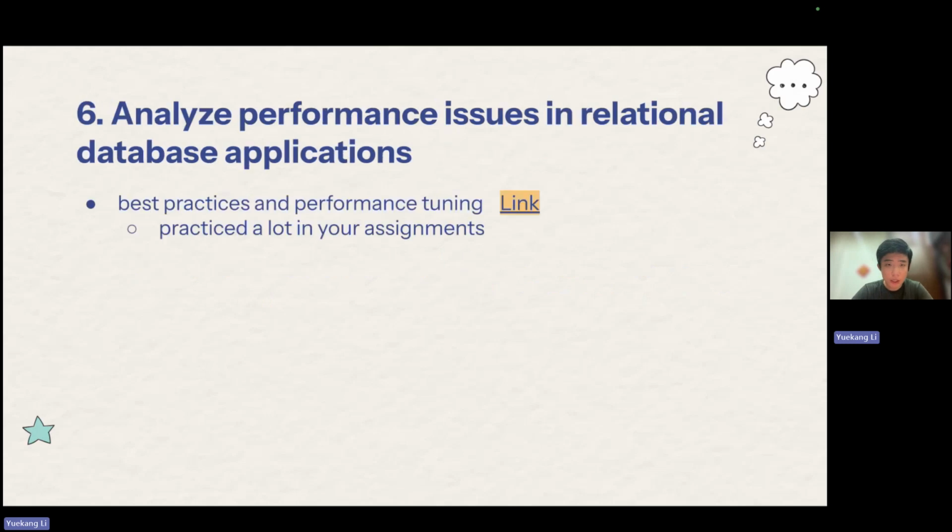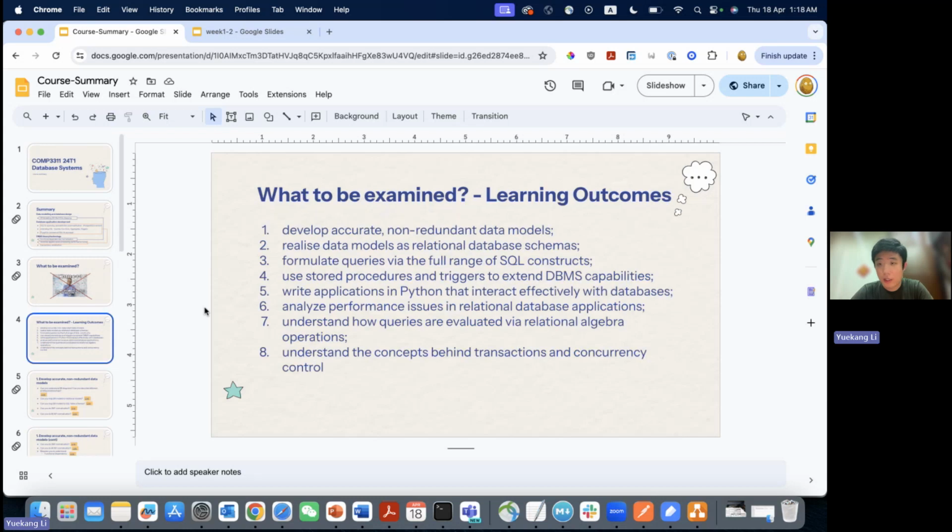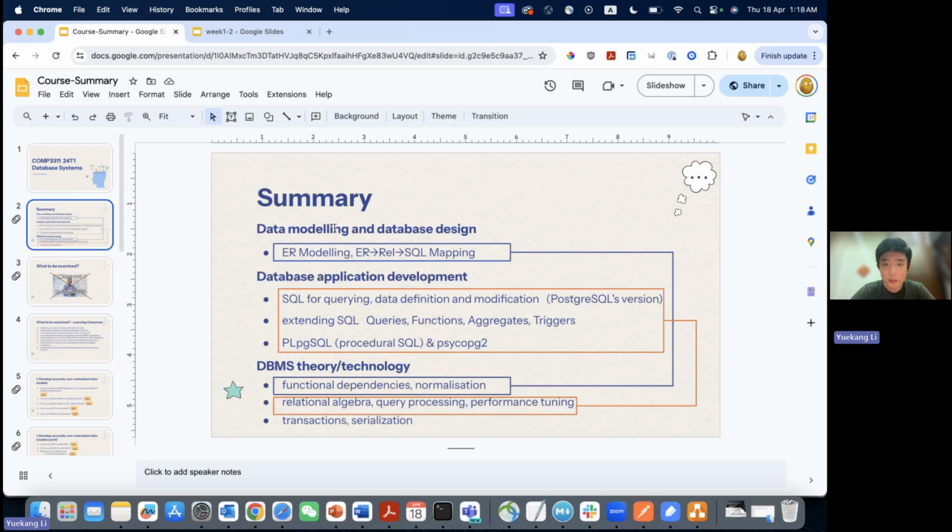I hope that you can achieve all the learning outcomes, and you can know how to design the database. You can develop DB applications with SQL and Python. And more importantly, since you are computer science students, you are not just students who just use these tools.